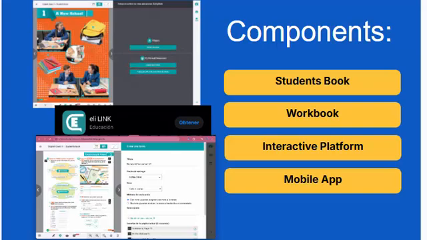It's a terrain that they know. They know a lot about technology. So they need to practice using the technology. And that's why we have the interactive platform and the mobile app that is also really helpful for the parents. They can check homeworks, tests, grades. So it's a communication between teacher, parents, and students.